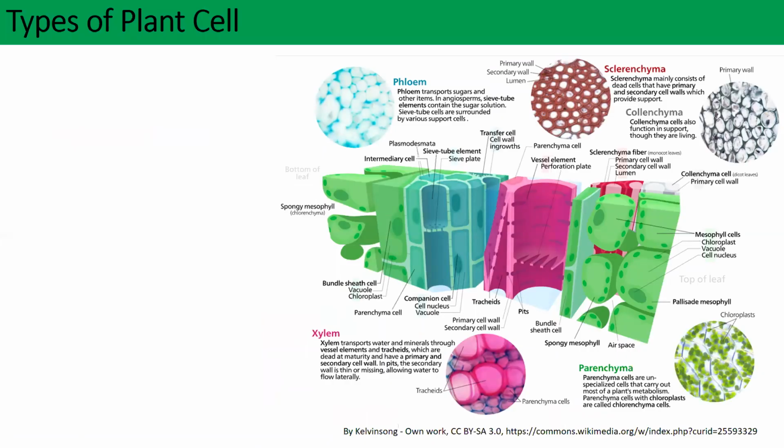So there are several types of plant cells, as I have already discussed. Here we shall discuss some major types. This diagram is a representation of a typical leaf with the top side in this direction and the bottom side of the leaf in this direction.